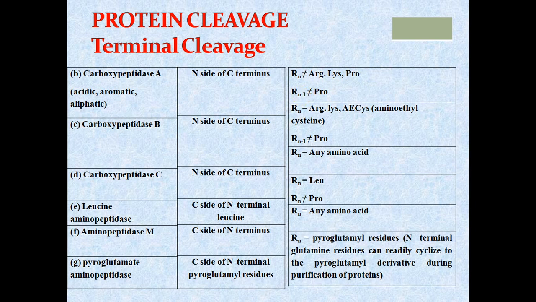Otherwise there will be no cleavage by carboxypeptidase A. Carboxypeptidase B also cleaves the N side of the C terminus. R should be either arginine, lysine or aminoethyl cysteine, and at the Rn-1 position there should be no proline. With carboxypeptidase C, Rn is any amino acid. It will cleave any amino acid on the terminal, but this should not be proline.